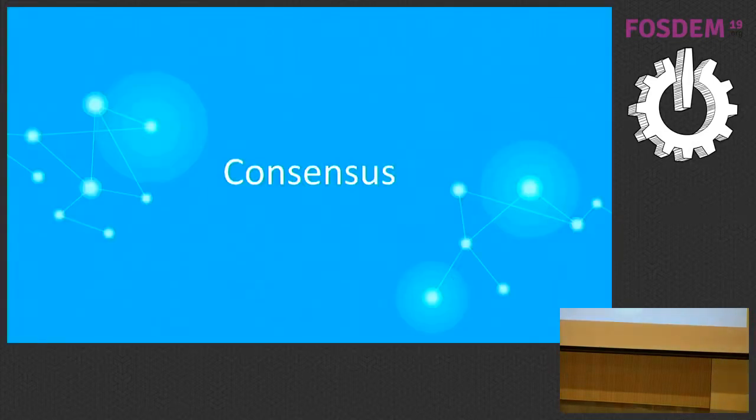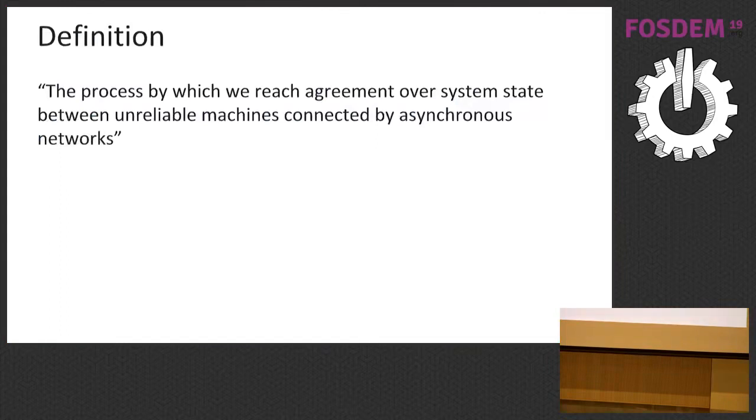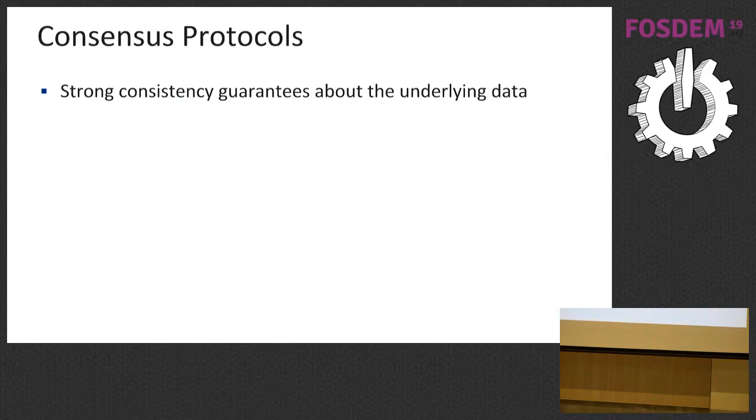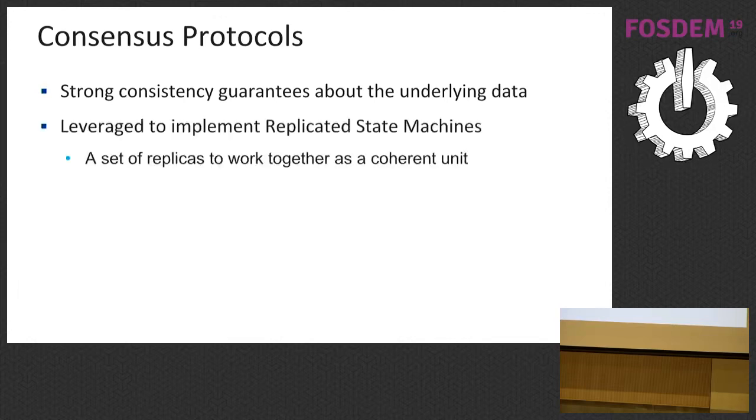So to implement strong consistency, we typically resort to consensus algorithms. Consensus is the process by which a set of replicas reach agreement over a particular value. Consensus protocols provide consistency guarantees about the underlying data, and they are leveraged to implement what's called replicated state machines, where a set of replicas apply the same operations in the same order and work together as a single coherent unit.